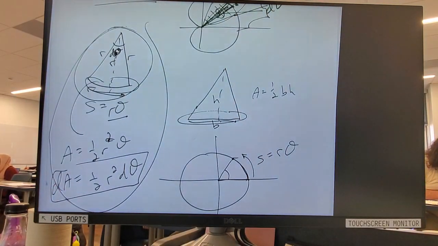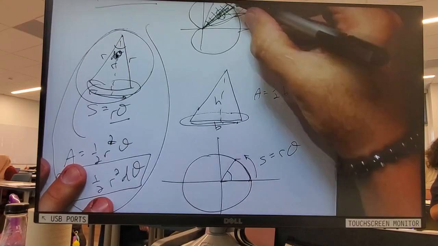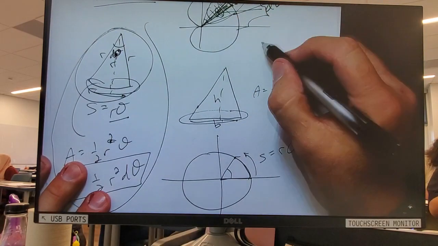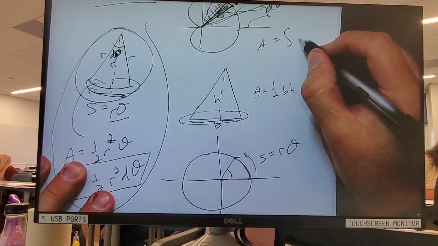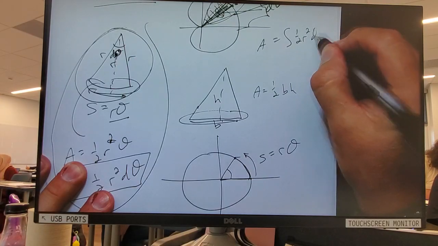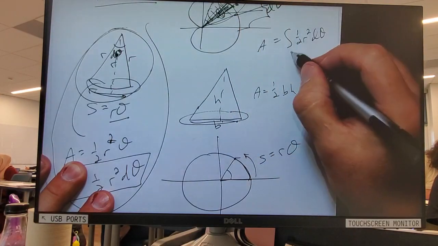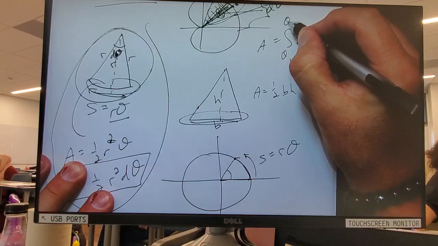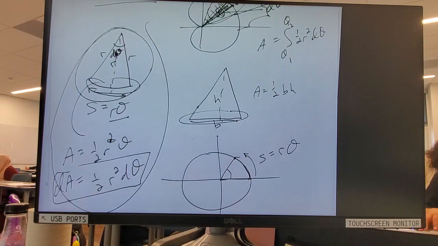So how do I get the area of the whole region? I would just integrate it up, from whatever the first angle is to whatever the second angle is, yes? I just add up all of those little pizza slice areas.